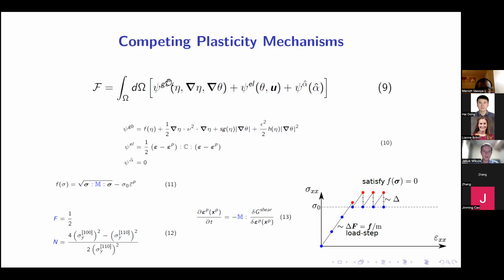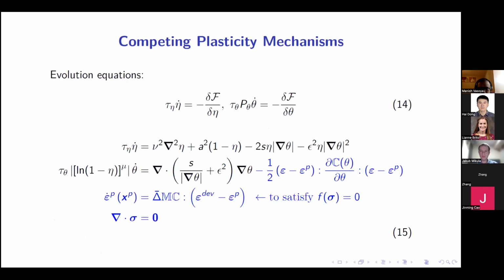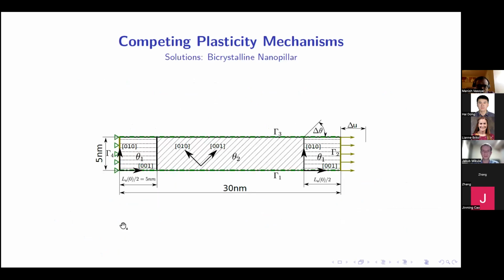So we incorporated the KWC phase field model, added this energy term, and assumed Hill yield plasticity. And again, we minimize all of this within the Ginzburg-Landau theory. So we obtain the gradient flow equations for the salinity field, orientation field, and then also the equation for the plastic evolution. And all of this is solved assuming mechanical equilibrium, divergence of stress being zero, at every time step as we solve these equations.